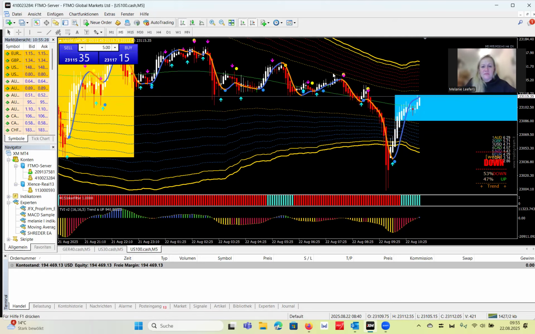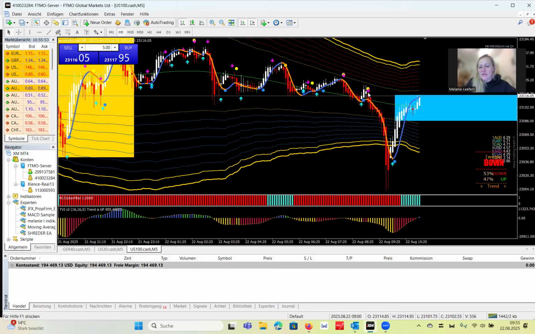This is the Nasdaq chart right now. The light blue shows the beginning of the London session. Then it changes to pink, which is New York session, and then it goes to the yellow one, which is Asia.